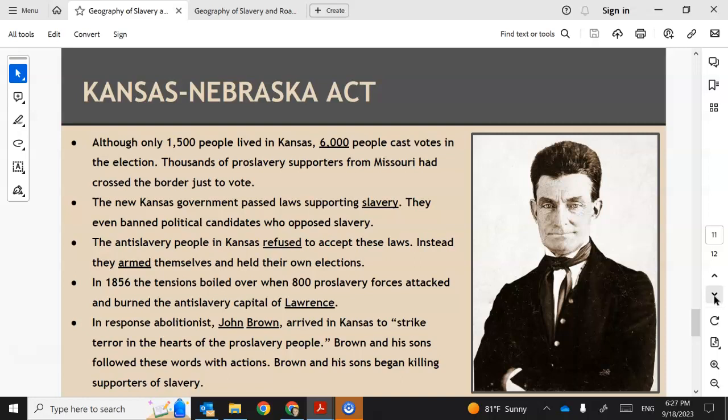That means that 4,500 people cast votes that didn't even live in the state. And even more than that, because most women didn't have the right to vote. In fact, women didn't get the right to vote until 1919.